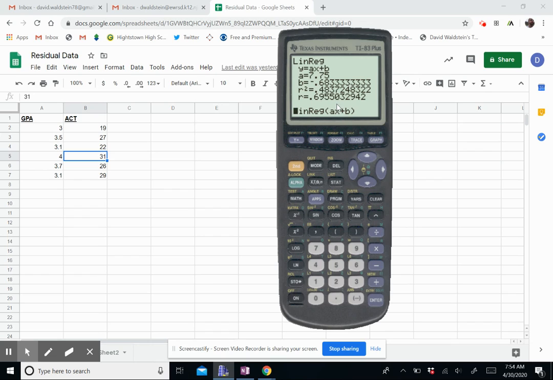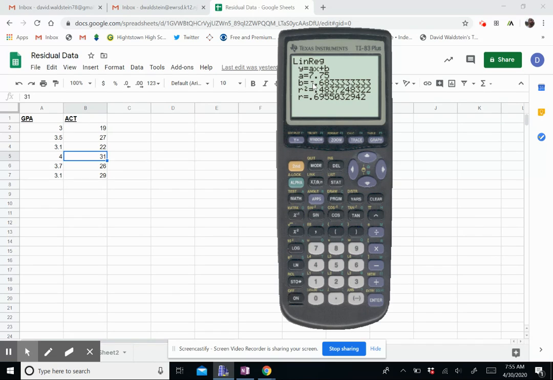So what this actually means, this data here, is that for every GPA point you go up, if you go up a full GPA point, your ACT score is going to go up by 7.75. And what this y-intercept b means here is if I had a 0 GPA, I would get a negative 0.68 ACT score.